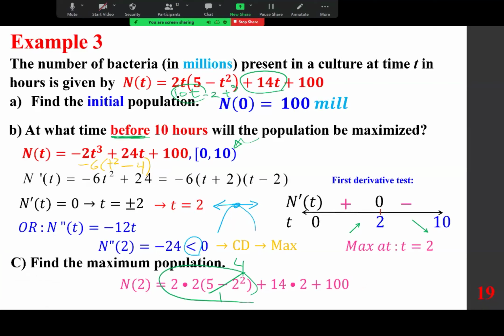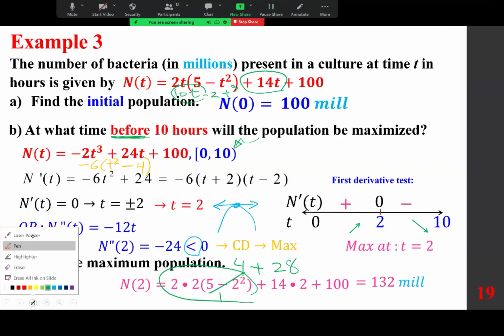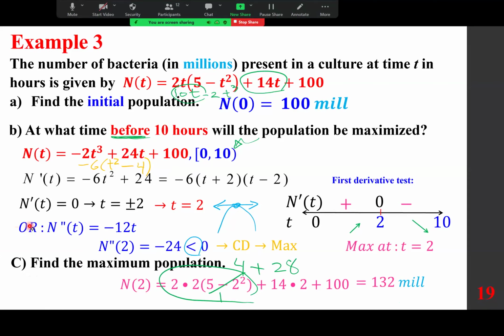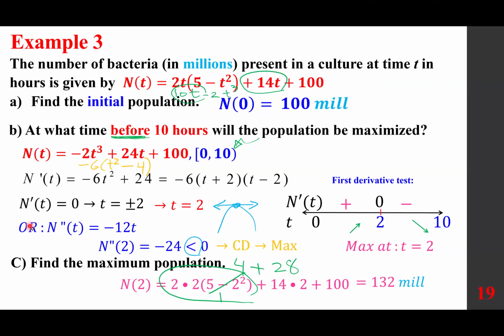And then 28, 32, plus 100, 132 million bacteria. Very straightforward, fairly simple. Questions?